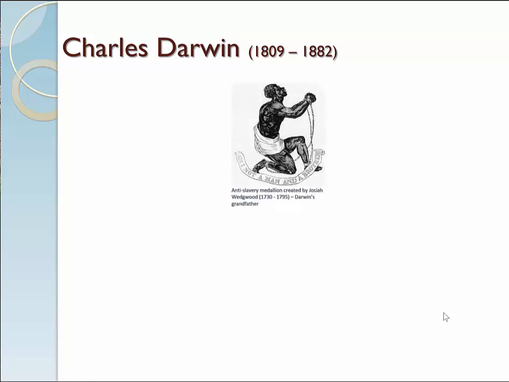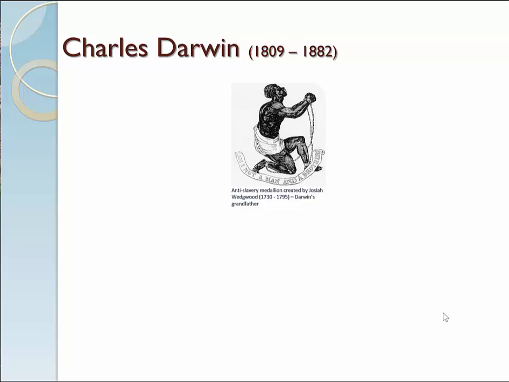And one of the people who was instrumental in getting slavery abolished in England and the English territories was Darwin's grandfather, Josiah Wedgwood of Wedgwood china fame. And he produced this anti-slavery medallion, which says, "Am I not a man and a brother?"